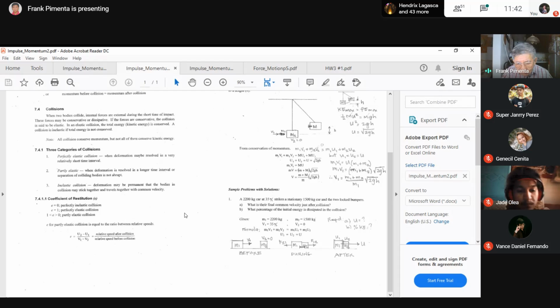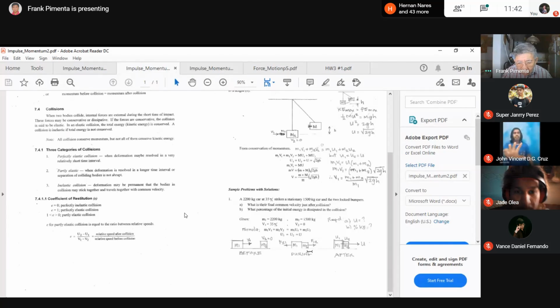Therefore, this force is F12. At the same time, mass number 2 also hits back, because even if it is stationary, there is a force that resists that.